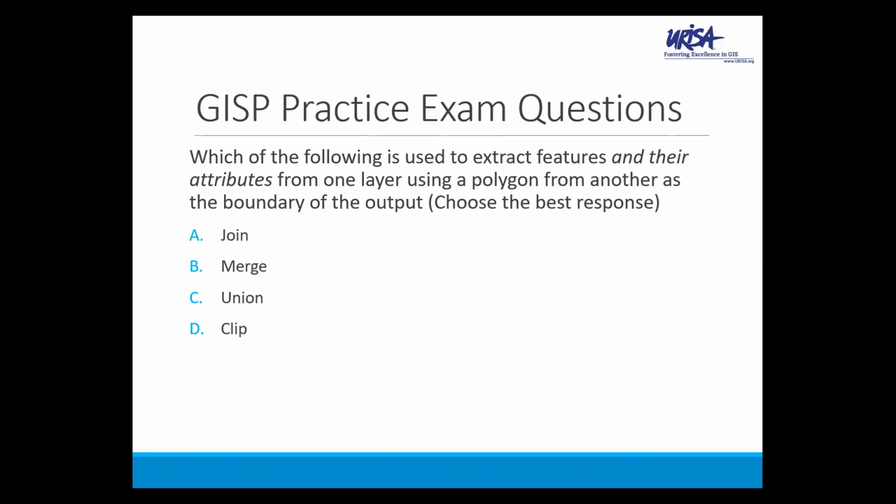So I would do this one of two ways, and you could do it with a clip, and that would extract the data from either a raster or a vector data set using the boundary of another polygon. So in this case, I would choose a clip.